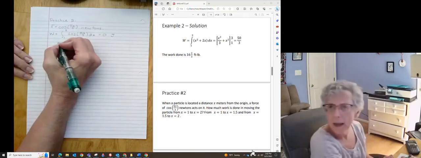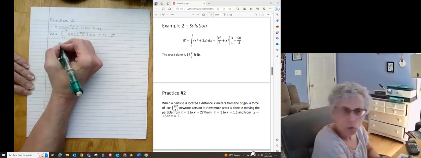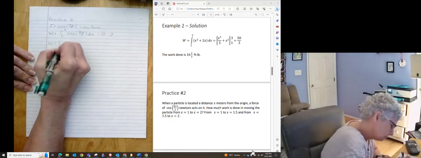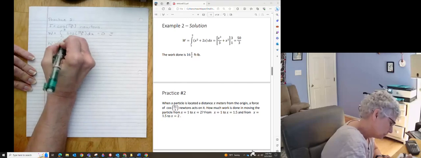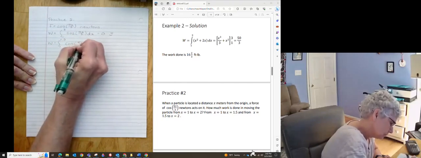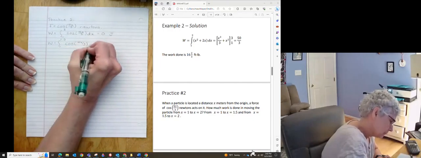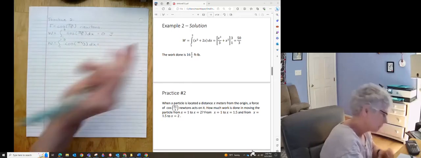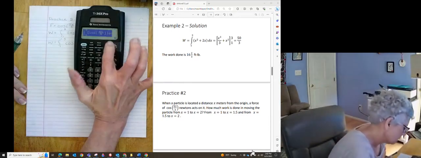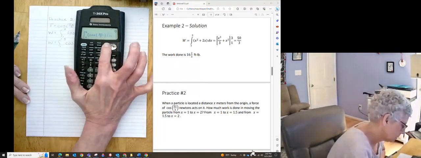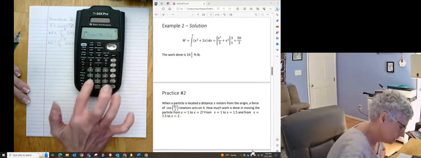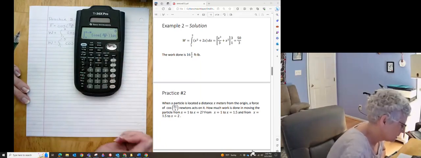Let's see what happens as we move it from 1 to 1.5. I'm going to be lazy. I'm just going to come up here and change that 2 to 1.5.